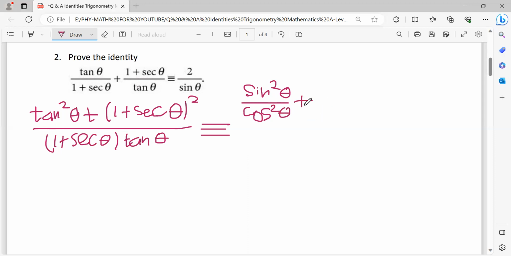Plus 1 plus secant theta. 1 over cosine equals secant, while 1 over sine equals cosecant. So secant equals 1 over cosine theta.